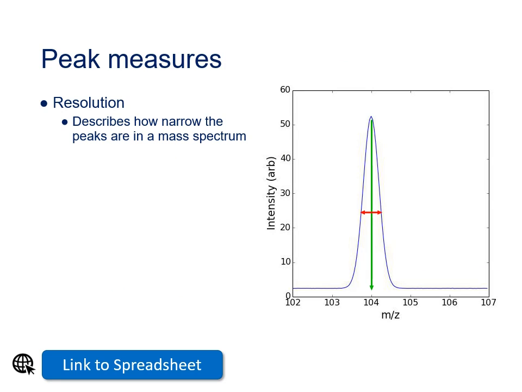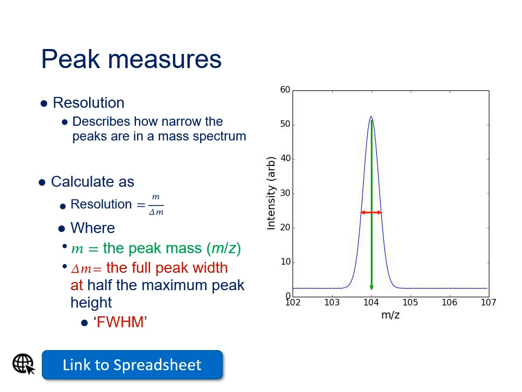The first peak measure we'll look at is the peak resolution. The peak resolution describes how narrow the peaks are in a mass spectrum. In many instruments, the peak width is not constant across the spectrum, but increases by some function of the mass-to-charge ratio. Therefore, the peak width alone is rarely used as a measure of the quality of the spectrum.